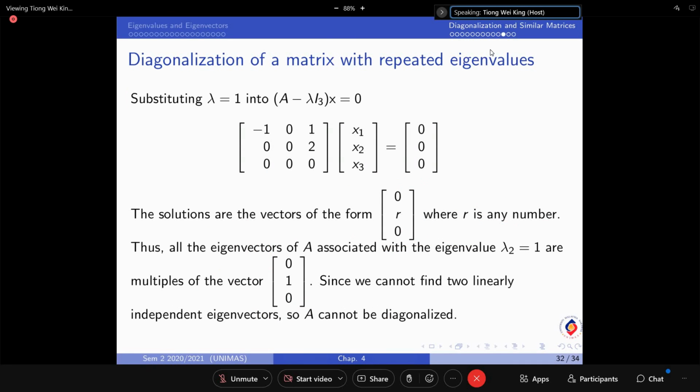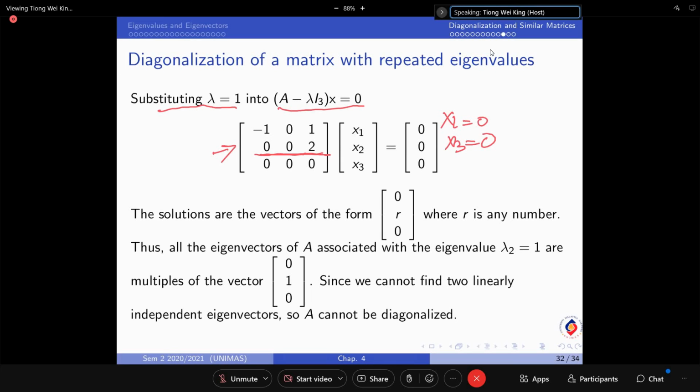Okay. So if you substitute lambda equals 1 into our homogeneous system and solve, you will get this. From row 2 here, you will get x3 equals 0. And from the first row, you will get x1 equals 0.